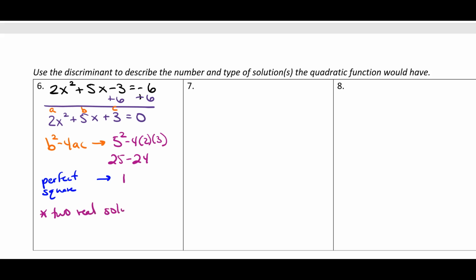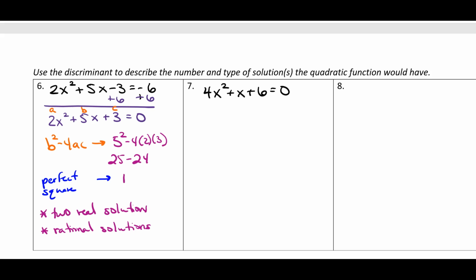And second of all, because it's a perfect square, that means my solutions are going to be rational. So there's 2 things I know, which means if I wanted to, I could solve this by factoring because they're rational.